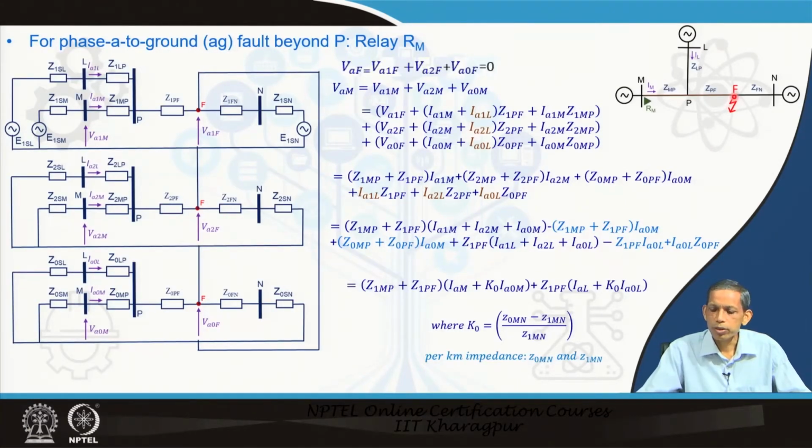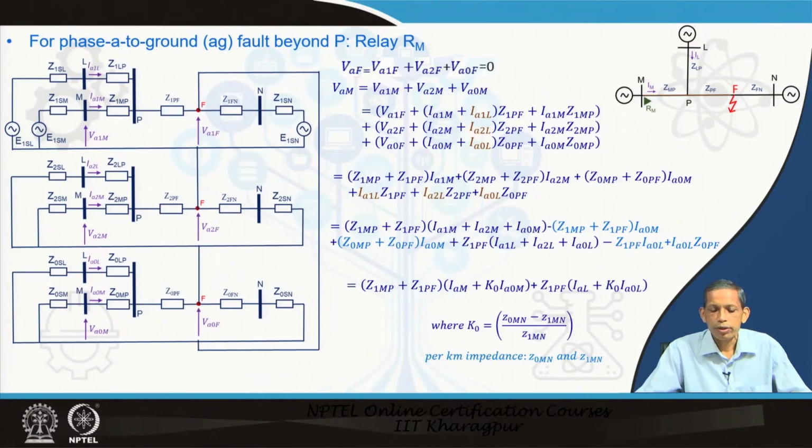Now, for the same system and same fault point, we will see what happens for the phase A to ground fault, and its analysis. We know for phase A to ground fault, the relay voltage VAM equals VAMF equals VAF equals VA1F plus VA2F plus VA0F equals 0.